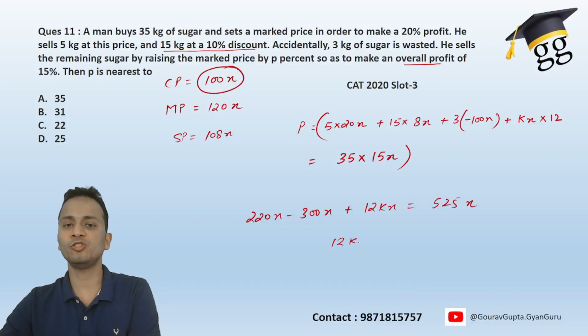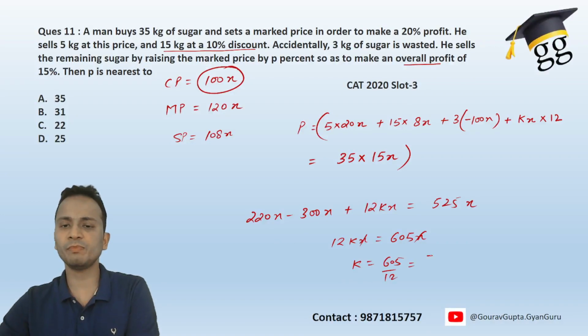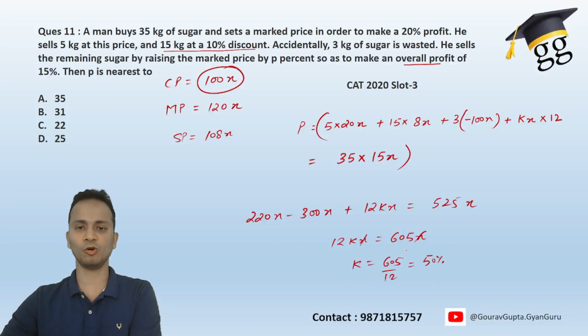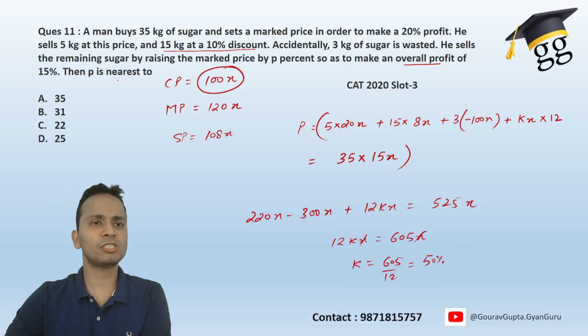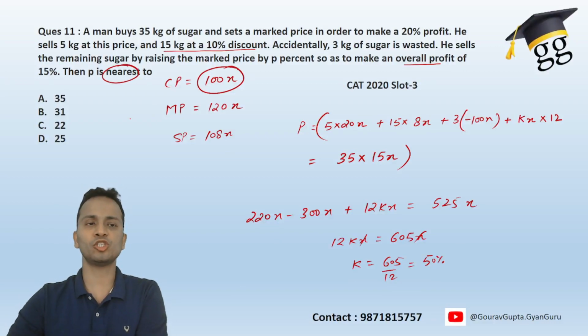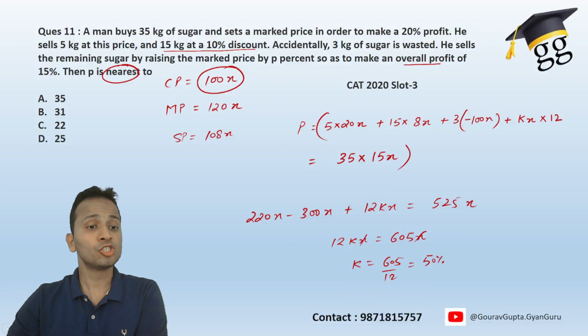So 12 into kx is equal to 525 plus 80, that is 605x. X will get cancelled. So k will be 605 upon 12, which is approximately 50%. Now we have to find out the answer nearest to which of the following values. So the remaining sugar he is selling at a profit of 50%.